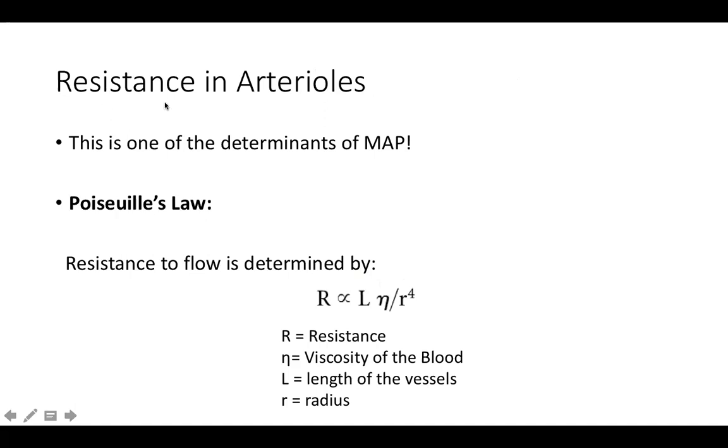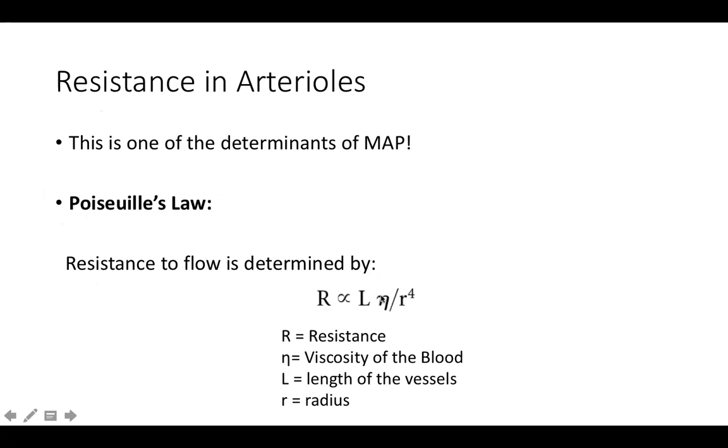The resistance in the arterioles is actually determined by something called Poiseuille's law. Really important physiologic concept. This is going to come back in our respiratory section. It's extremely important. What this states is that the resistance to flow of a fluid varies with the length of the vessel you're talking about.